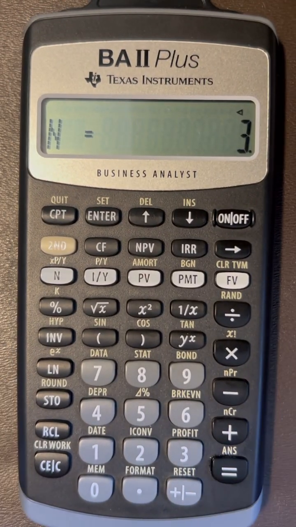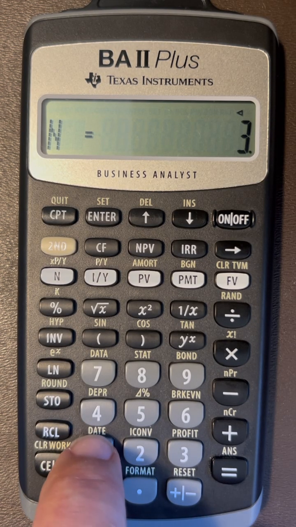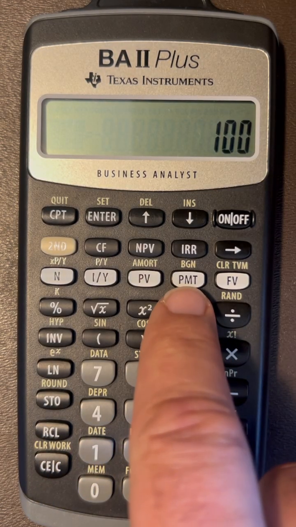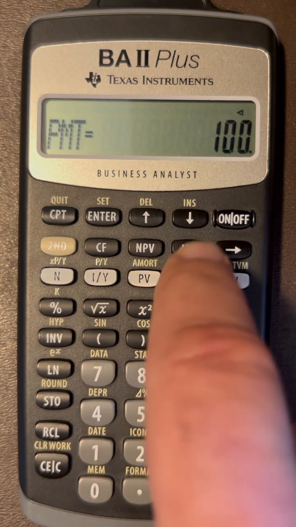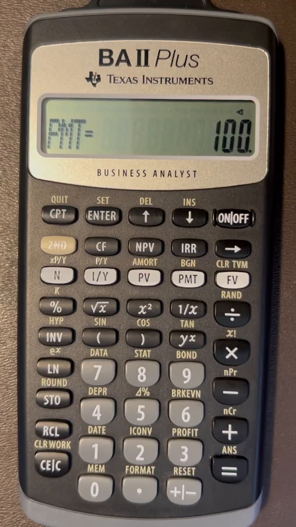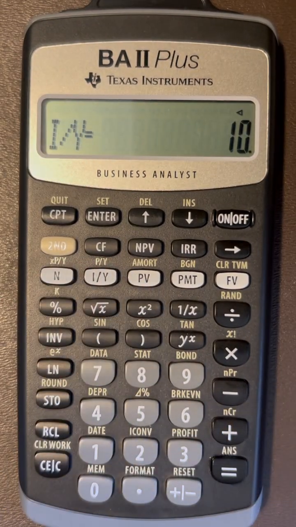There we go, it's a little bit better. We know the payments are $100 each, so I'm going to be getting $100 at year 1, at year 2, at year 3. That's the payment. So I'm going to hit the payment button. And then we're assuming the interest rate's 10%. So I'm going to enter 10, I over Y.